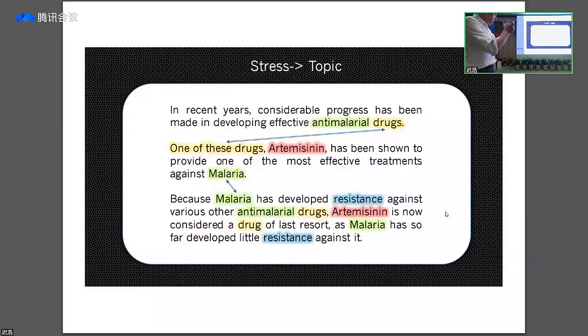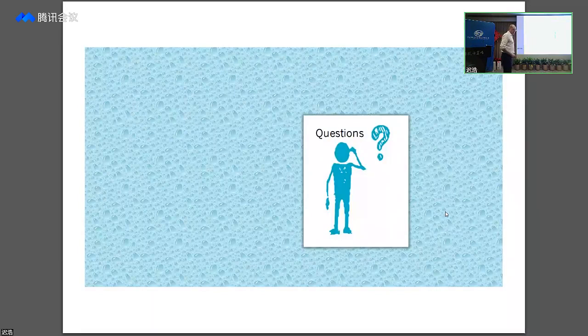But you have to start reading. I keep telling you, very important. How can we write like native speakers? By reading how native speakers write. Okay, good. Okay, any questions? Anything unclear?